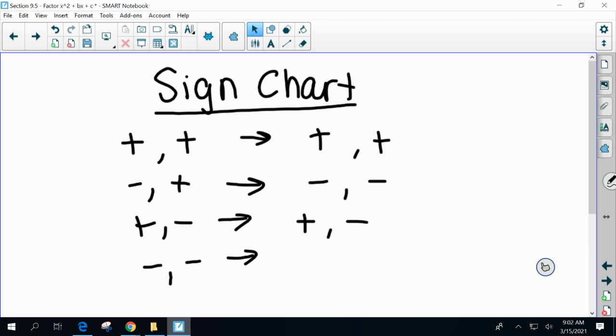Okay, so if it's minus minus, then it is minus plus. Okay, so we're going to refer to this sign chart, and this is going to be kind of our guiding factor for how to factor.